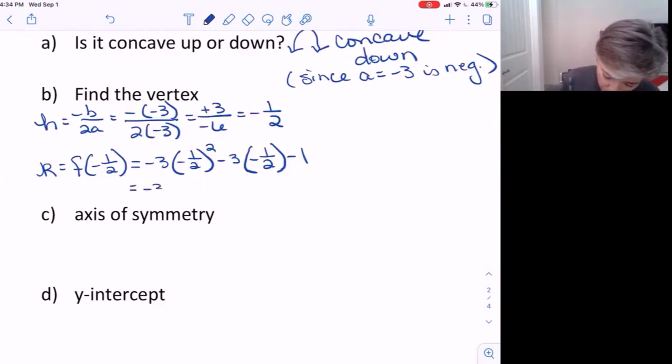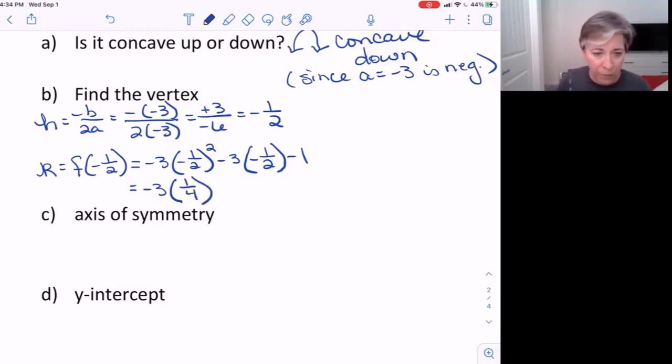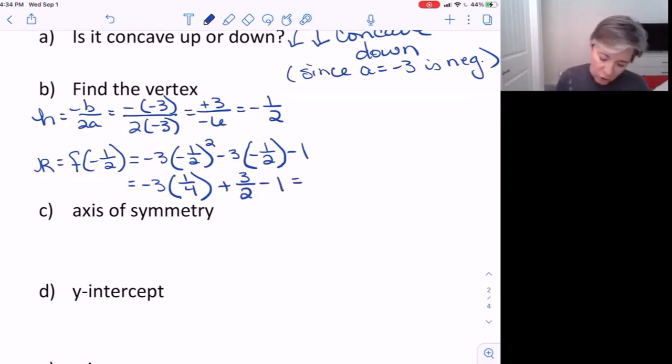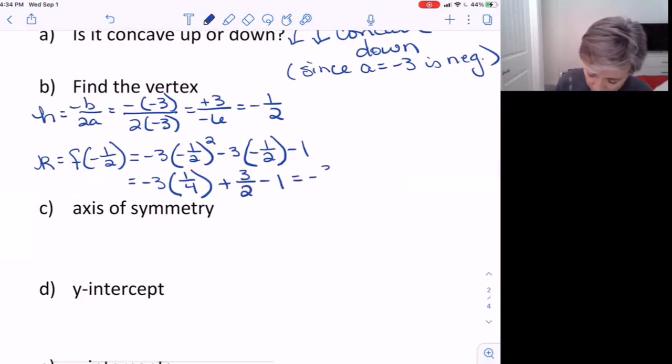Negative 3 times a negative 1/2 squared is a positive 1/4. Remember, you have to do your exponents before you multiply. Negative 3 times a negative 1/2 gives us a positive 3/2 minus 1. And then starting again, negative 3 times a positive 1/4 gives us a negative 3/4.